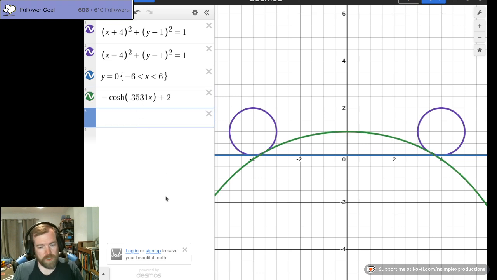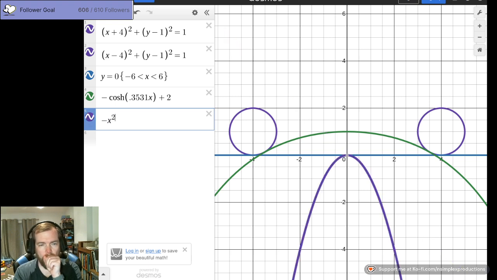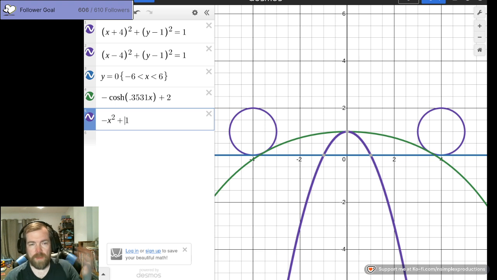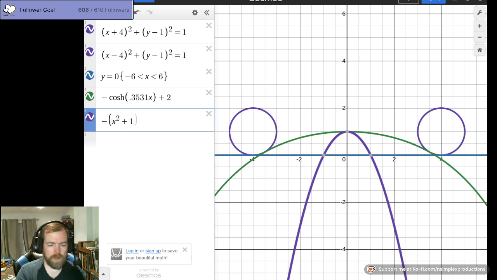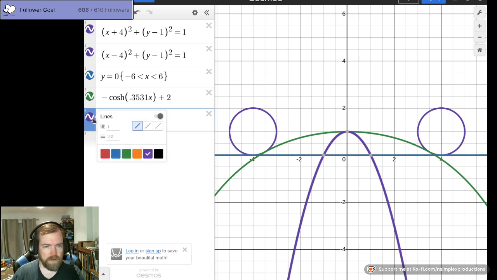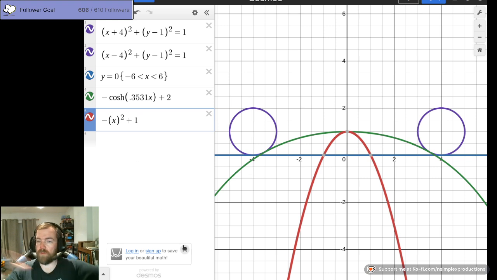So, other option, we could put the vertex of a parabola at the exact same point. So we can make this x squared, right, plus 1. And then again, what we want to do is multiply our x by a smaller number to make it expand out without moving anything else.